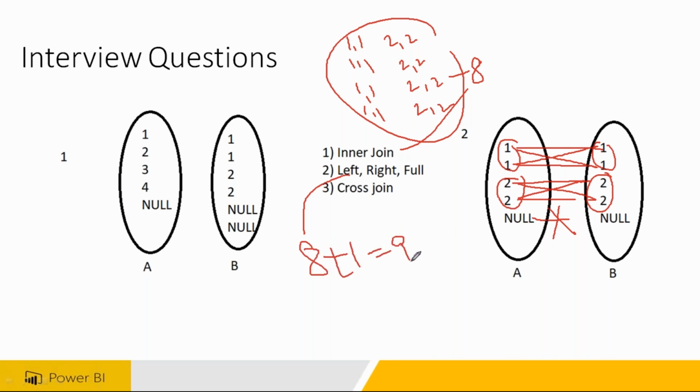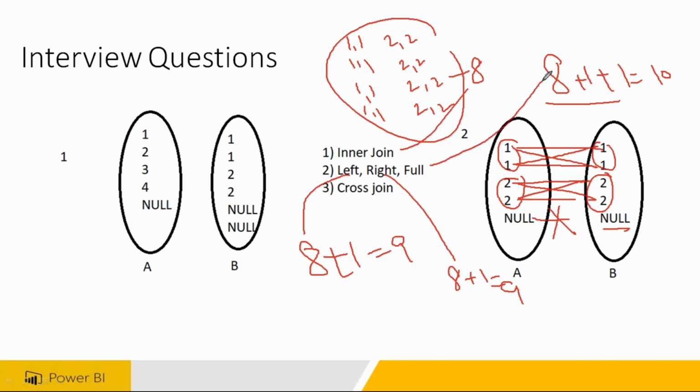So 8 plus 1 is 9. That is the right answer. Right join again, 8 plus unmatched data, only 1. 8 plus 1 equals 9. Clear? Full outer join, you have 8 records plus 1 unmatched on this side and 1 unmatched on that side. So it is 10 rows in the full outer join.